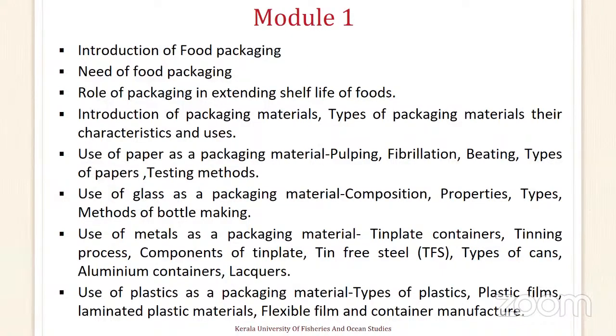And what are the different types of lacquers? Like we have sulfur resistant lacquer, we have acid resistant lacquer, and what are the importance of these lacquers, and how we choose the lacquer based on the type of food that is being packed in the tin can or in the container.